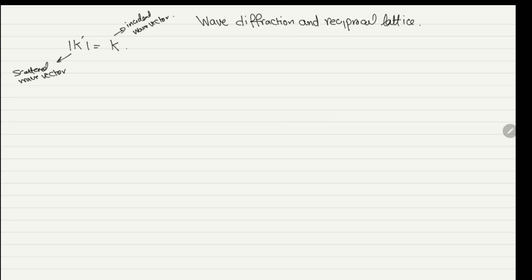Now we have to consider that the scattered wave can be built up from two factors. The first one is e to the i k dot R, the phase of the incident wave at that atom. We also have to consider the phase change, k prime times r minus capital R, in propagating from R to r.